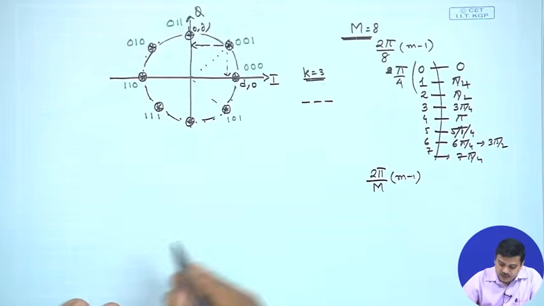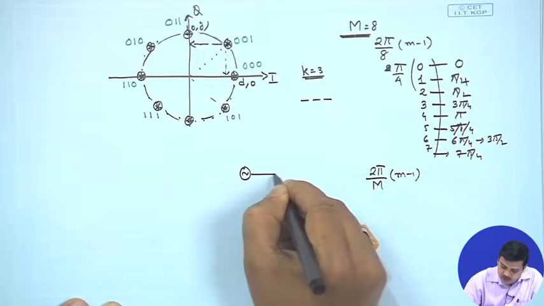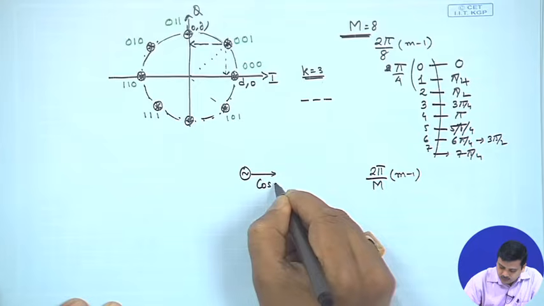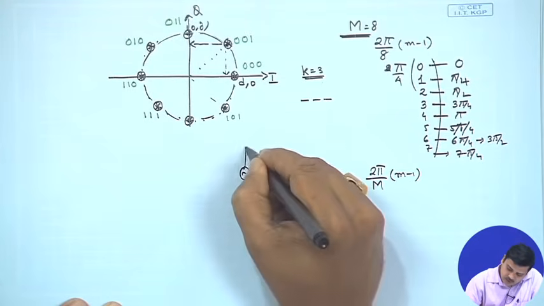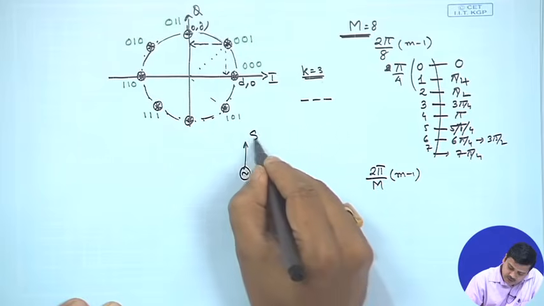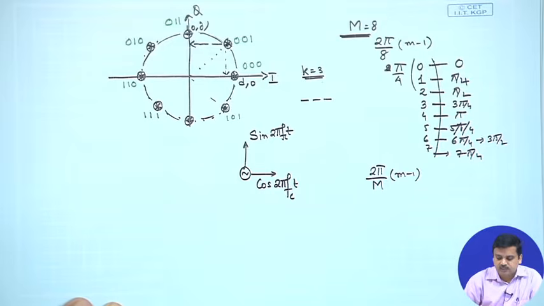Typically during transmission you would have a local oscillator, you would generate cos 2 pi f c t, and you would also generate the 90-degree phase shifted sine 2 pi f c t.